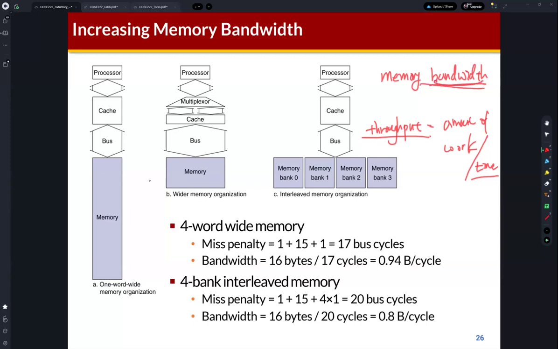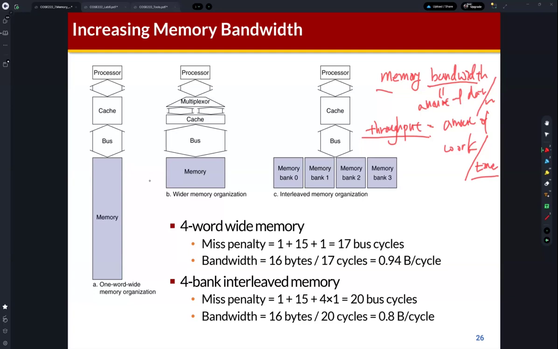Bandwidth, the memory bandwidth. The definition is similar to throughput. Bandwidth means the amount of data per unit time. So during the unit time, this amount of data is transferred to the CPU. Then we can call this the bandwidth.